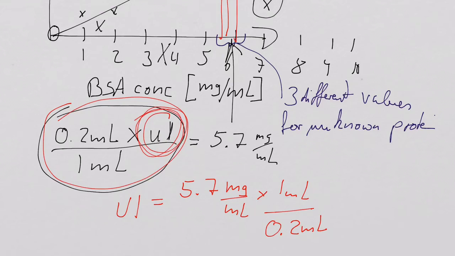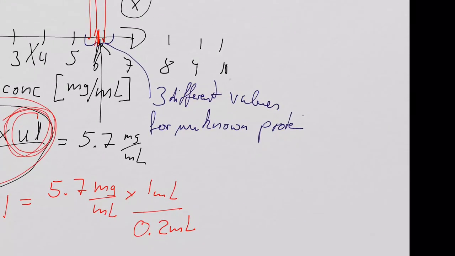Okay? And you do that for each one of the unknown samples that you get here. Are you happy with that? Each one of the unknown samples. So you get a concentration for U1, U2, U3.